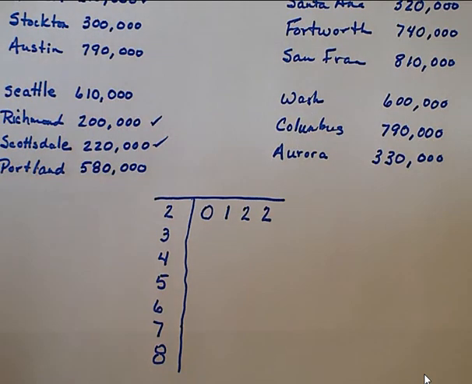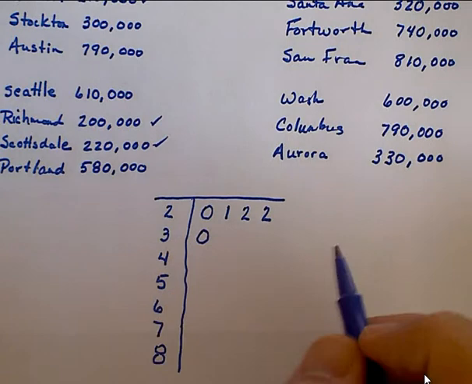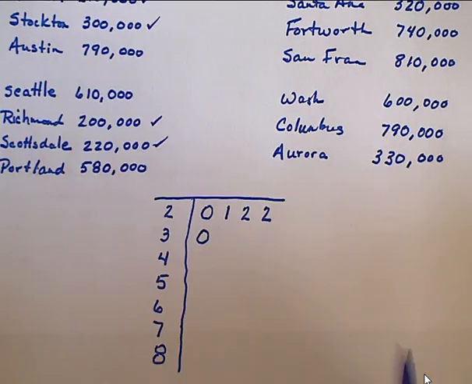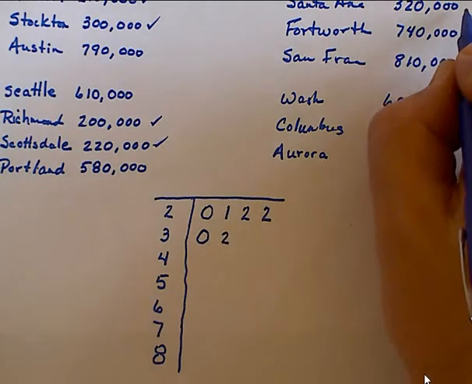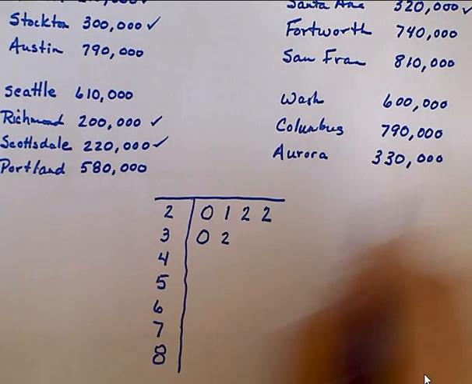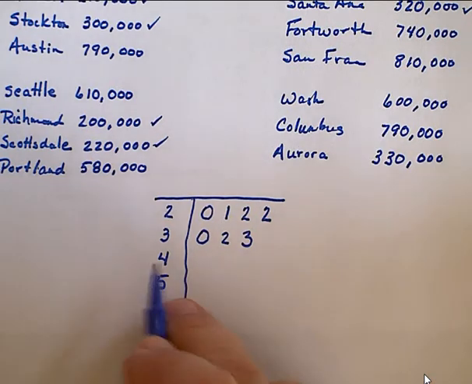So searching for 3s, I have a 300,000, a 320,000, and a 330,000. Under 4s, there aren't any. So I can leave that row blank. But I still need to show the 4 there.